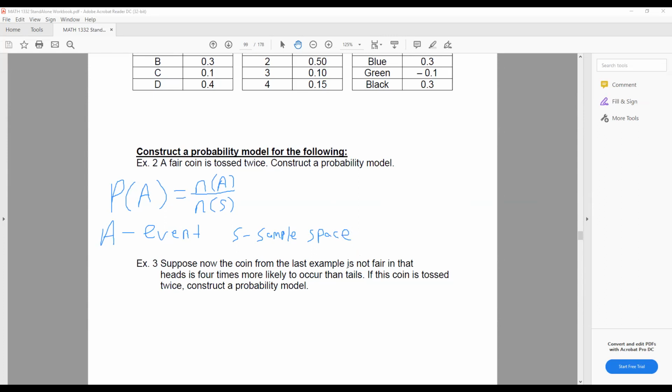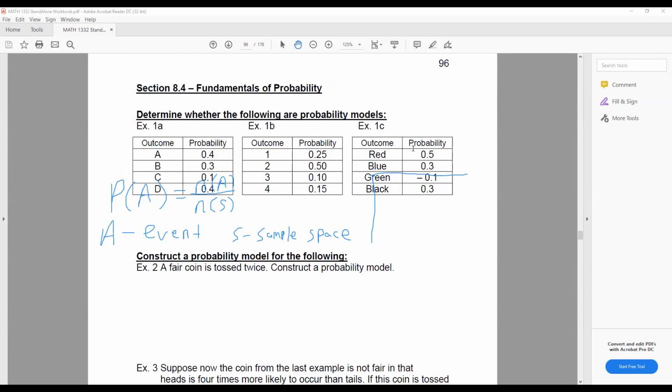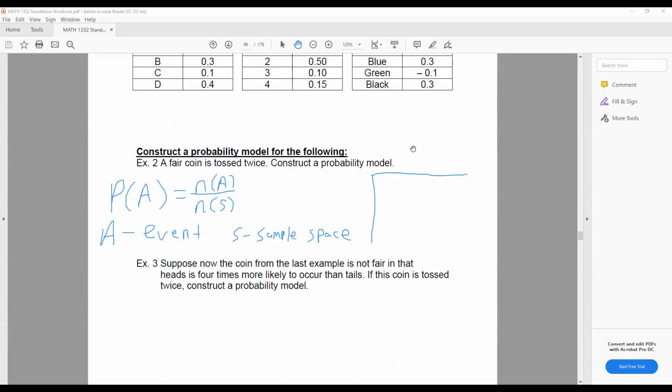So we're going to need that for example 3. It's continued. But first, let's create the probability model, just like we had a period that was given to us, right? If we scroll up, we have outcome and probability. Make sure it looks exactly the same.